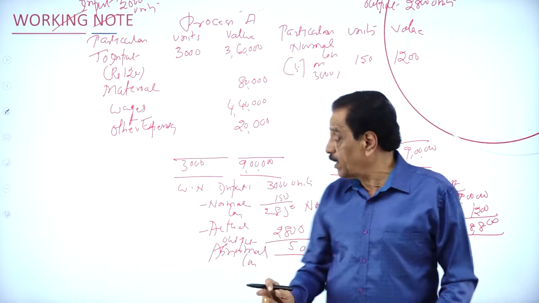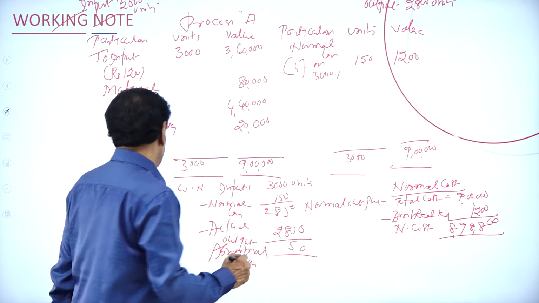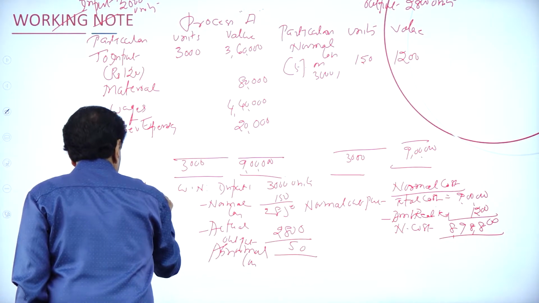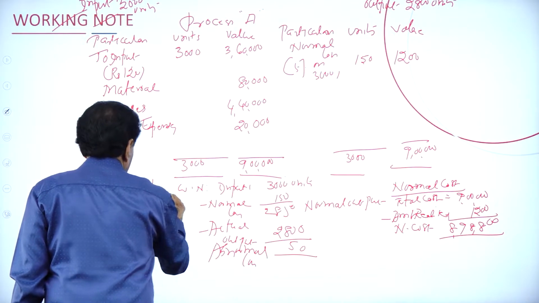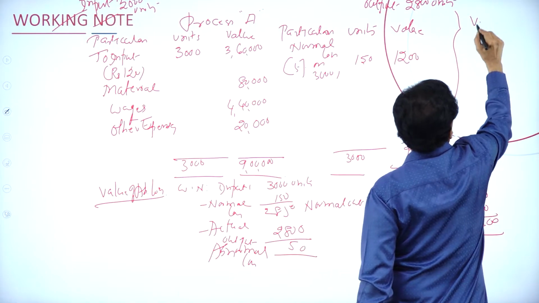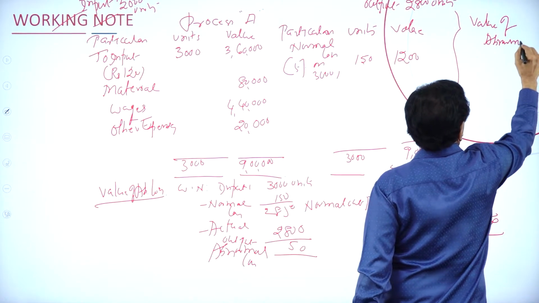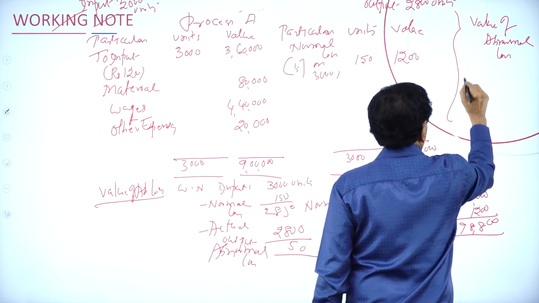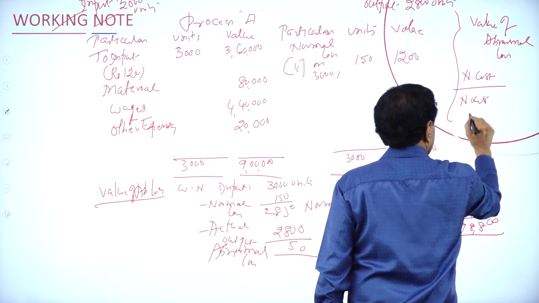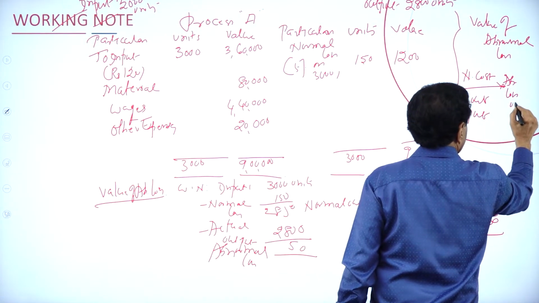So your abnormal loss is 50. Your normal cost is 8,98,800. Value of abnormal loss. Or we can work out here. Value of abnormal loss: normal cost divided by normal output multiplied by abnormal loss units.